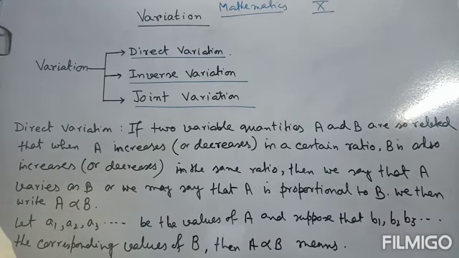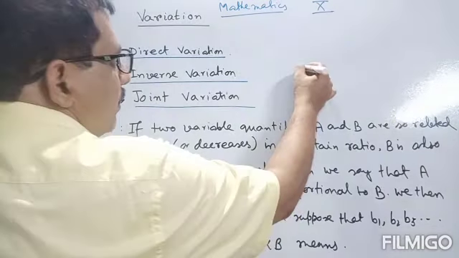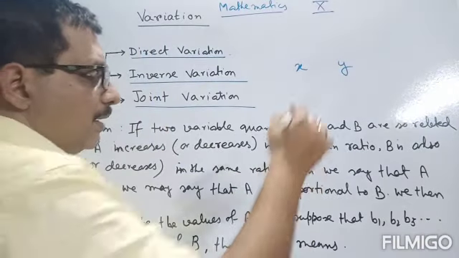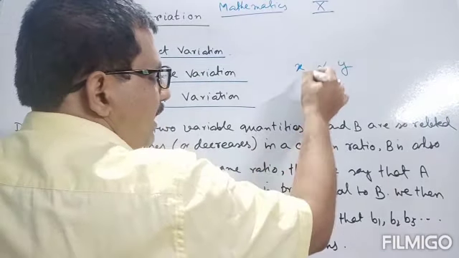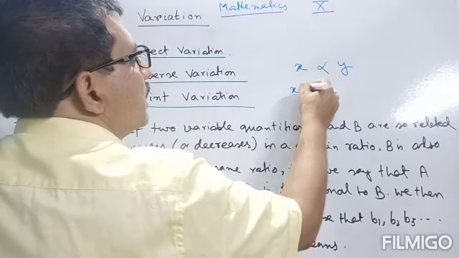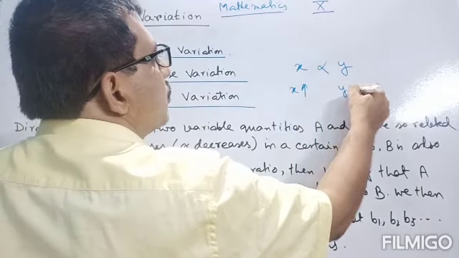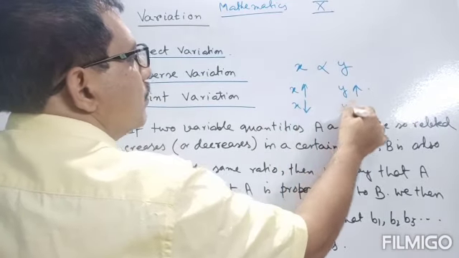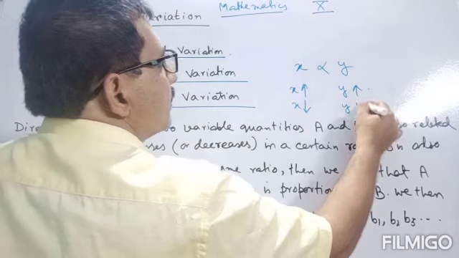So first we study direct variation. What is direct variation? Two variables, one is x and the other is y. Direct variation means if x increases, then y also increases, or if x decreases, then y also decreases.